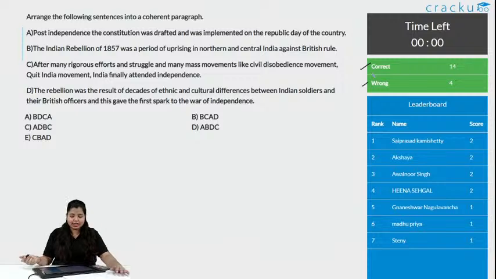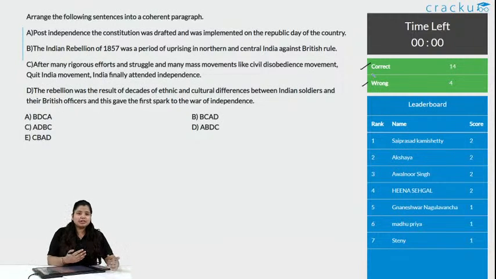Chronology based questions are always easy in scoring. So, if you have this type of question in the examination, that means it's really good. You can get good marks.